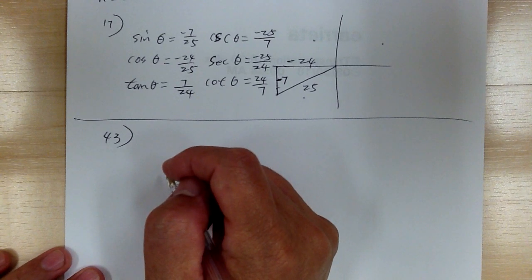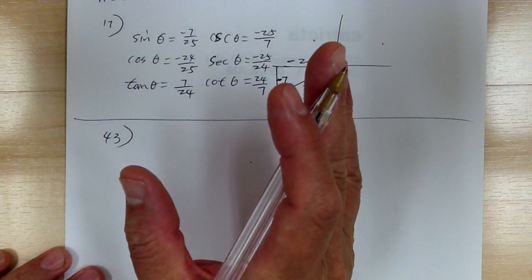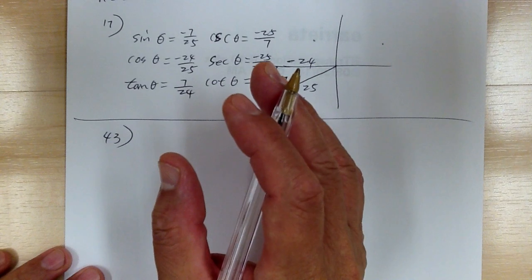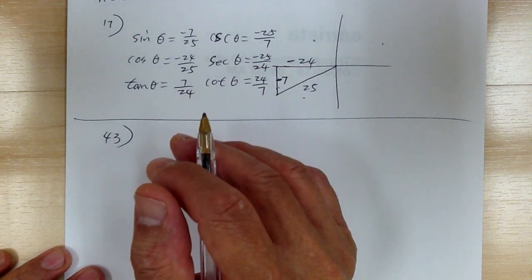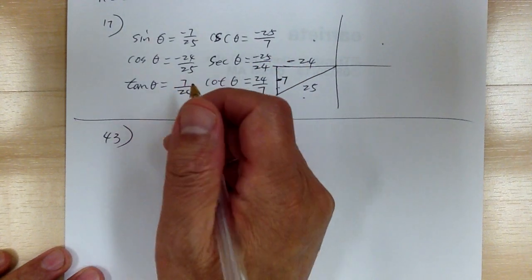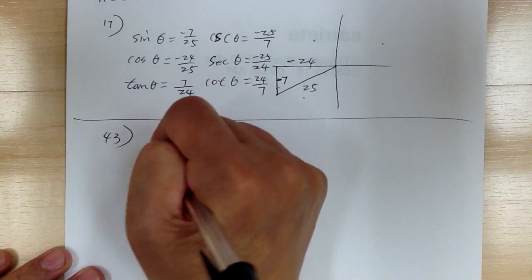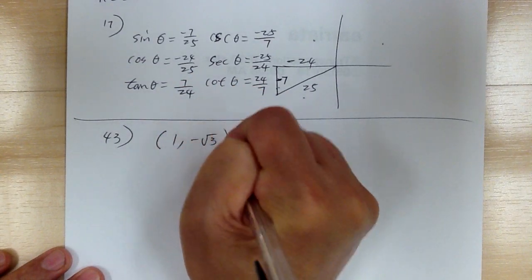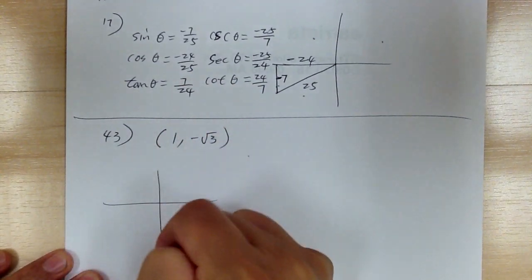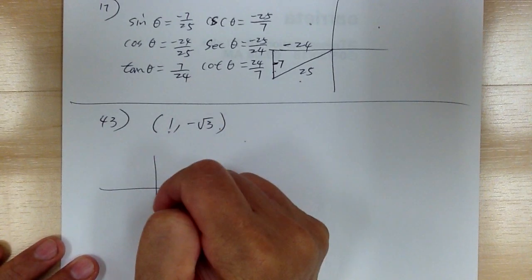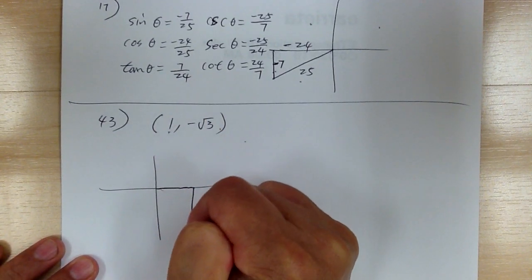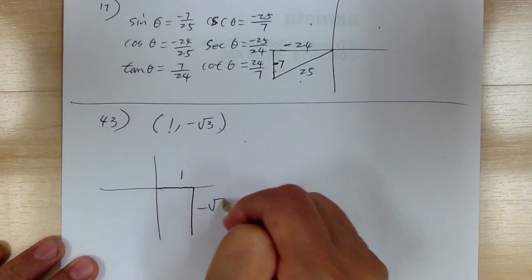Number 43 is a similar type of problem, but instead of giving you the trig function and the quadrant, they give you a point. So for number 43, your coordinate is 1, negative square root of 3. When you draw this, this is your x and y, so 1 and negative square root of 3.